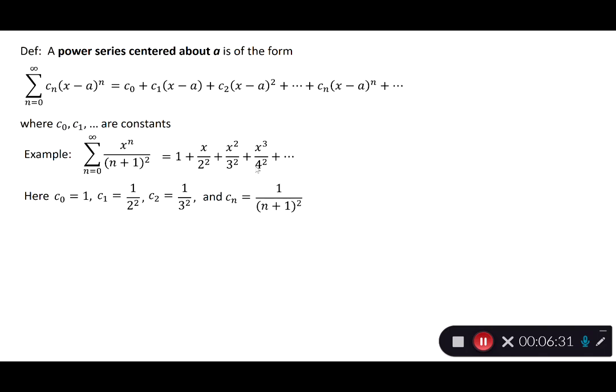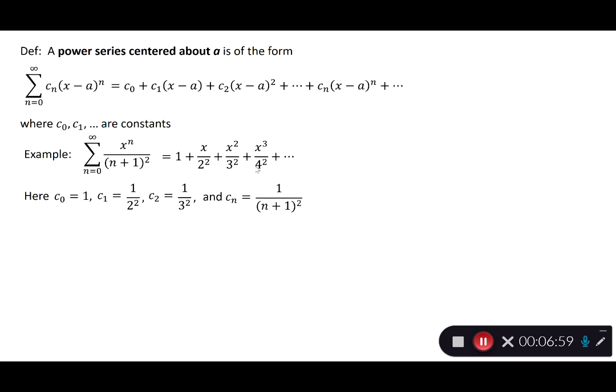Maybe I could go ahead and say something here. All right. So here we have a power series centered about 0. And the way it is different is that in each term we have this variable x. But x is an independent variable, which means we can give it whatever value we want, right?